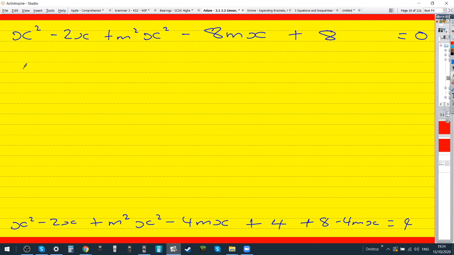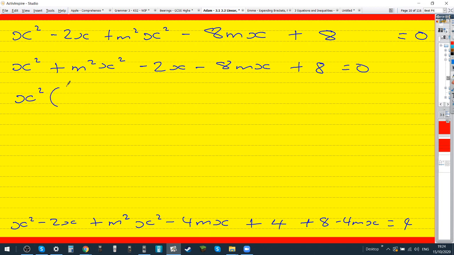So what I'm going to do is put the x squared next to the m squared x squared, and the x's with the x's, so minus 2x minus 8mx. Factorize out x squared. What do you get?